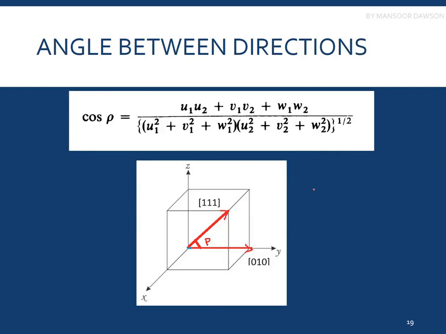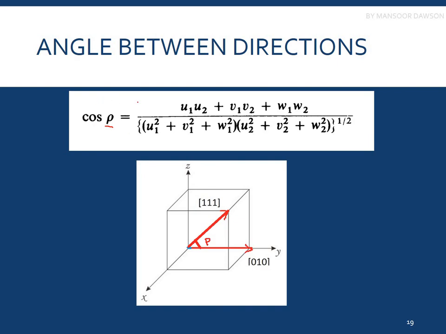Next we have the angle between directions. If you want to find out an angle between two crystallographic directions, there is a formula: cos rho. You can take it theta, you can take it phi, whatever you like. This is the angle basically.